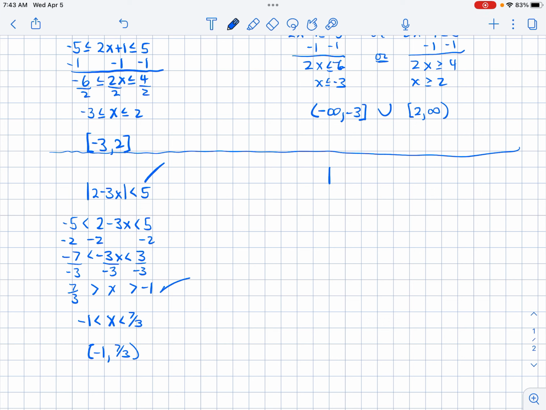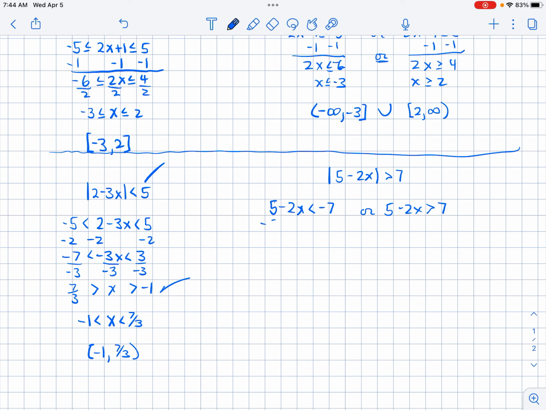Let's suppose I've got the absolute value of 5 minus 2x greater than 7. Okay, so now it's pointing away from the absolute value, so now I've got 5 minus 2x less than negative 7, or 5 minus 2x greater than 7. Okay, now we just solve both of these.